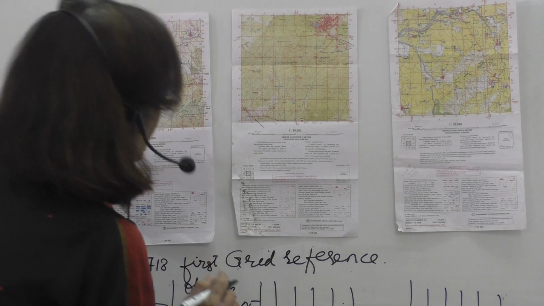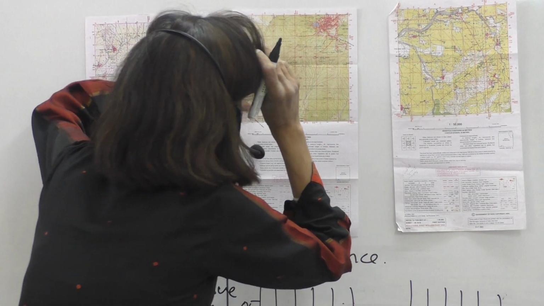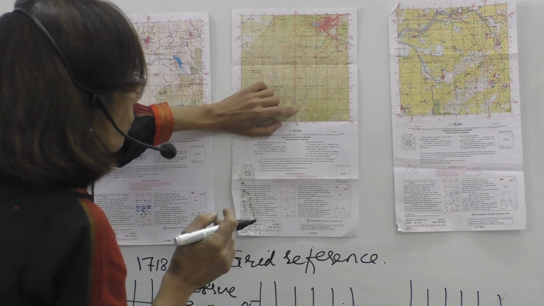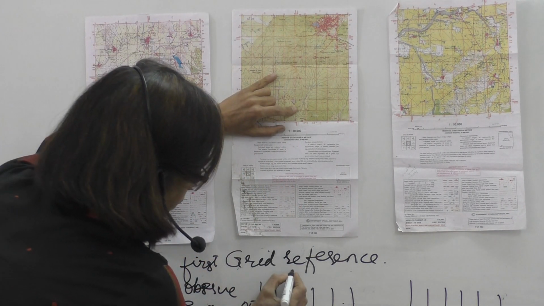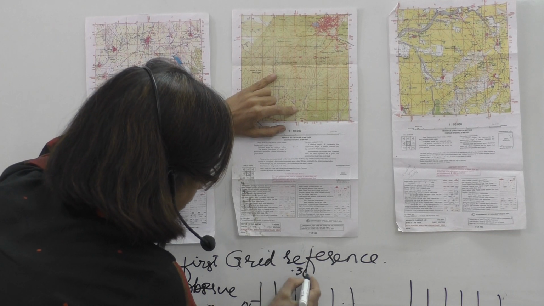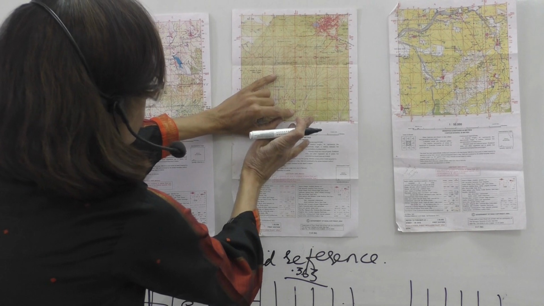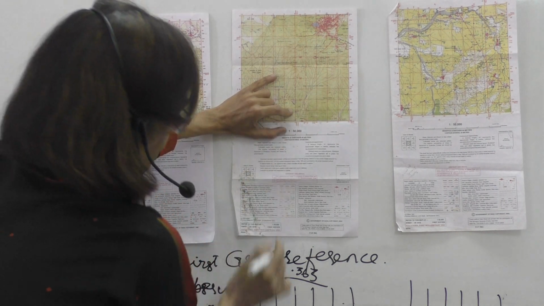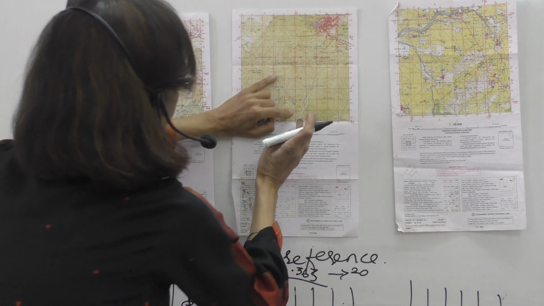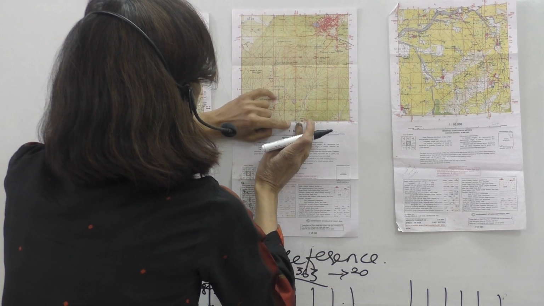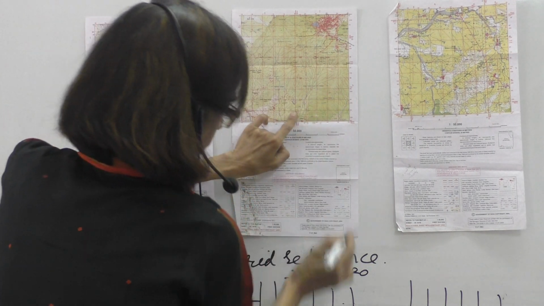Say survey tree. Now let us look at this topo sheet. This is spot height 363. Dot 363 is written for the spot height. So the value of easting is 20, while the value of northing is 03.